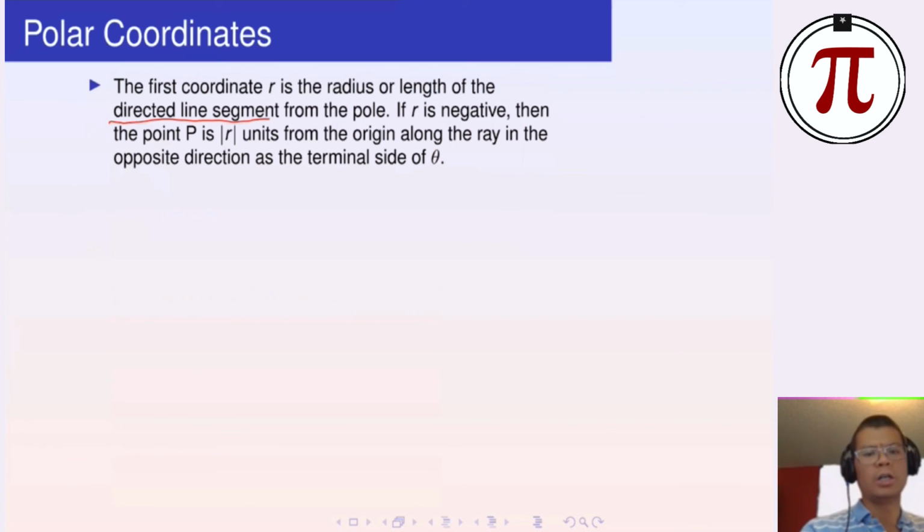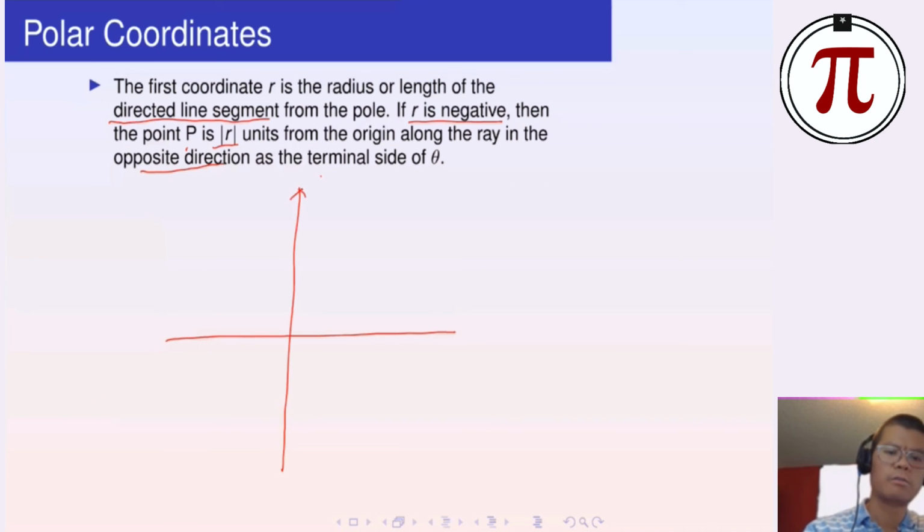If r is negative, then the point P is the absolute value of r units from the origin along the ray in the opposite direction of the terminal side of theta. For instance, say (-2, pi over 4). So what are we going to have?